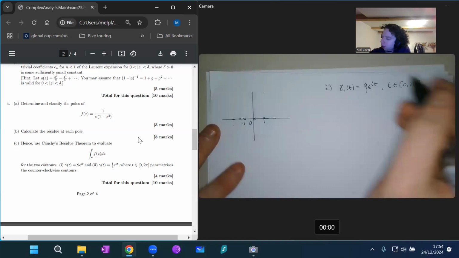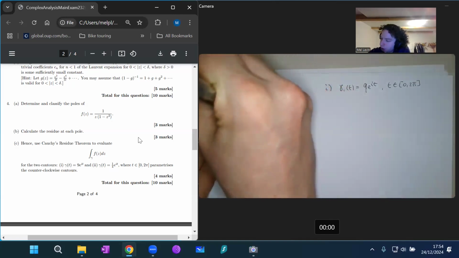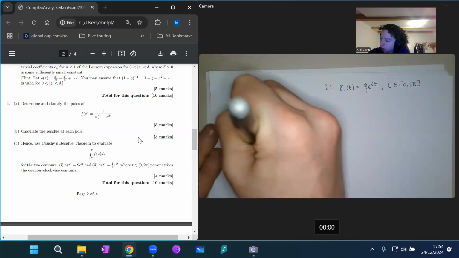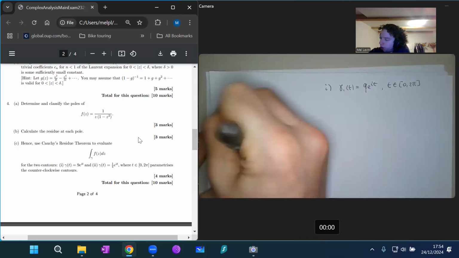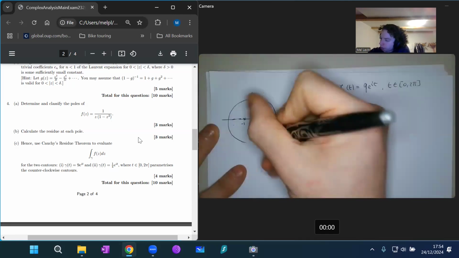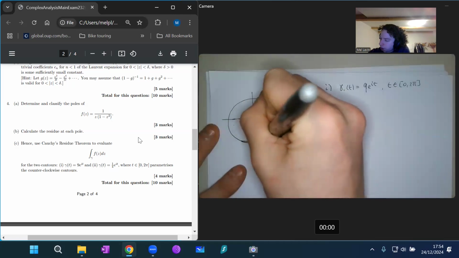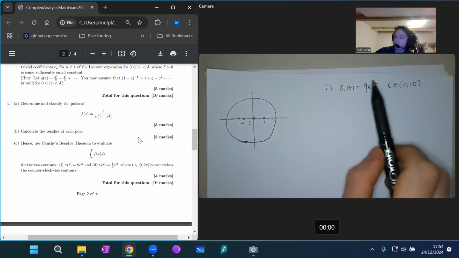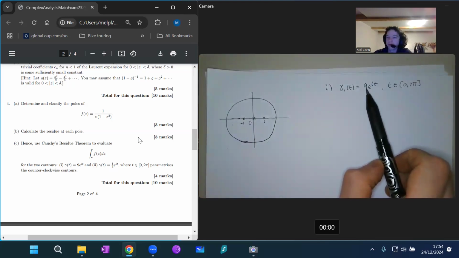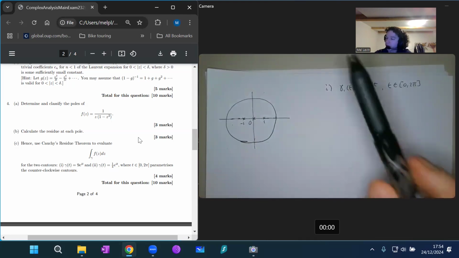But anyway, 9e to the it just parametrizes a circle of radius 9 centered at 0. Basically, this runs through all of the complex numbers of modulus 9, because here the argument is essentially arbitrary.